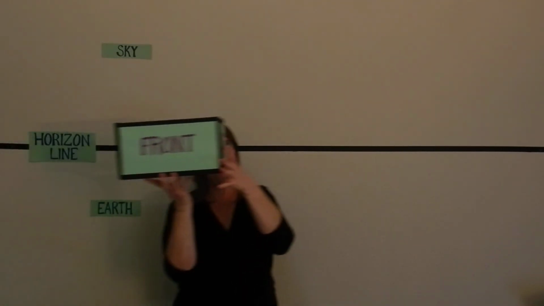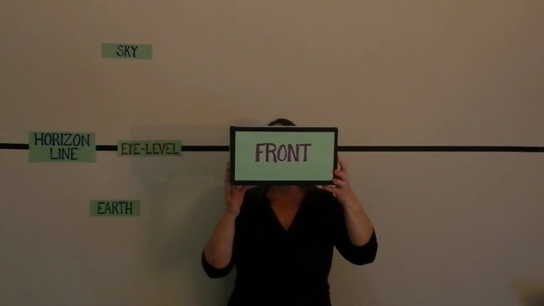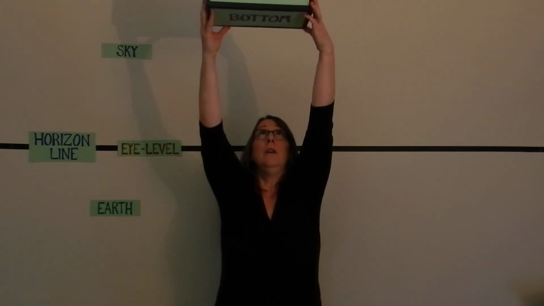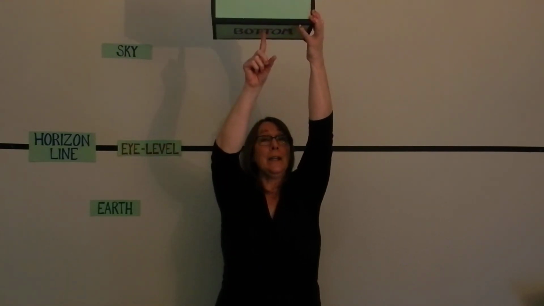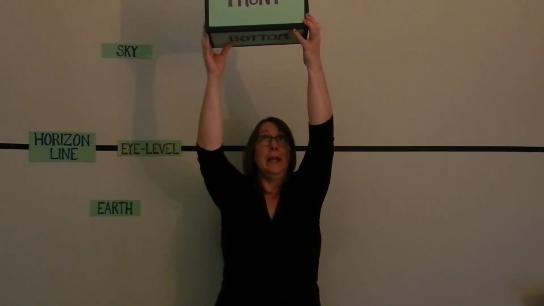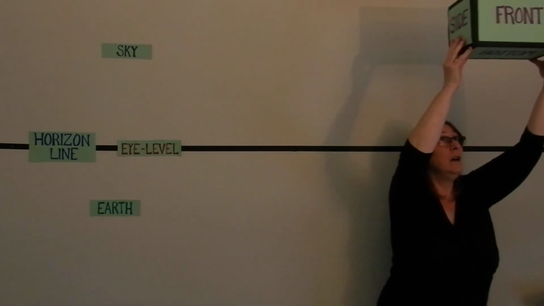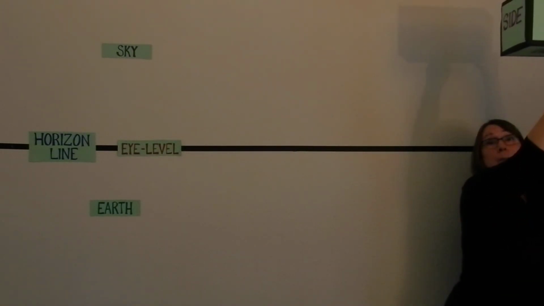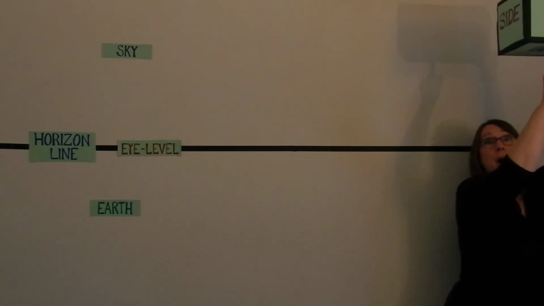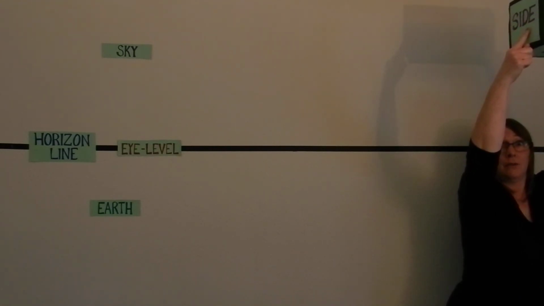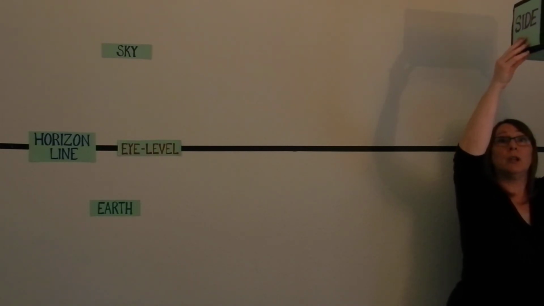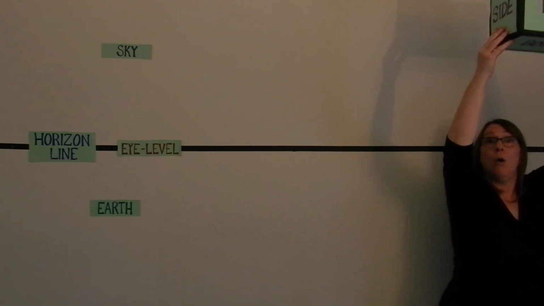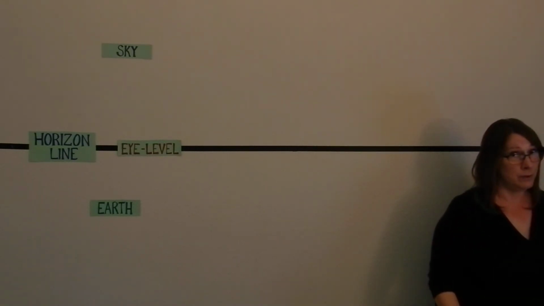Now, you will notice if the box goes above eye level, now all of a sudden I can see the front of the box and the bottom. If it's to the side, I'll be able to see the front of the box, the bottom of the box, and the side of the box. So eye level becomes very important in drawing your boxes to make them look like they're up in the air or down on the ground.